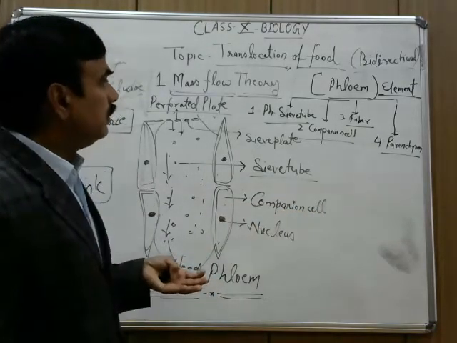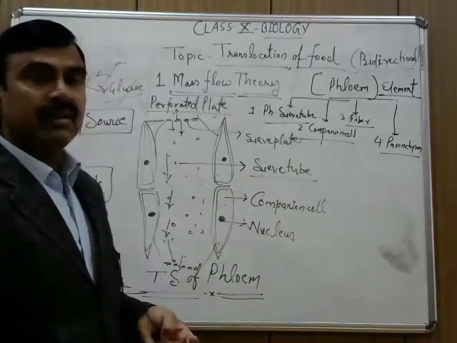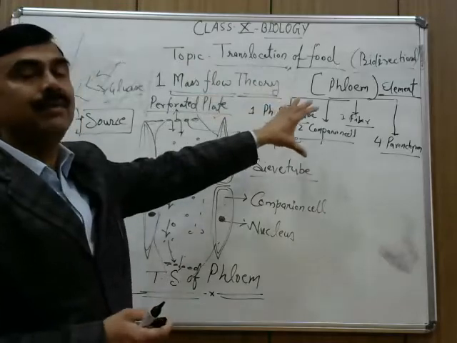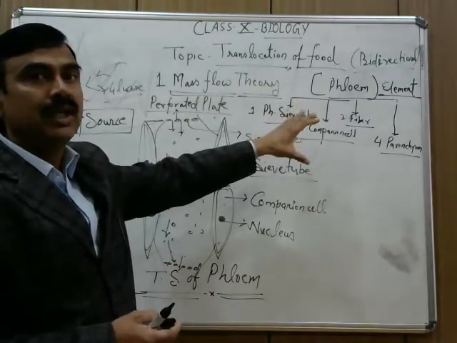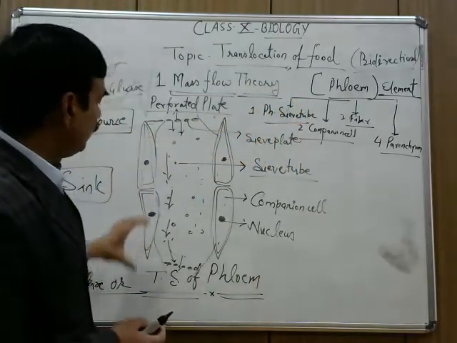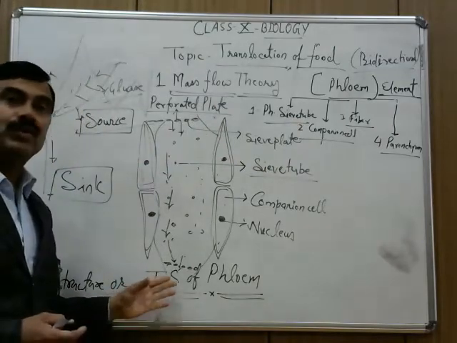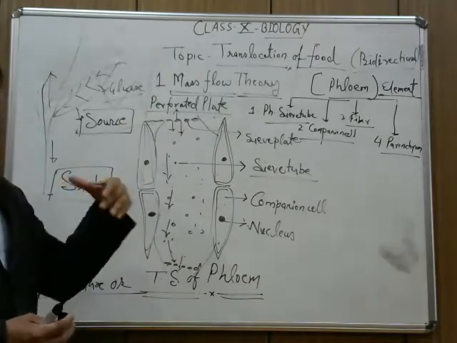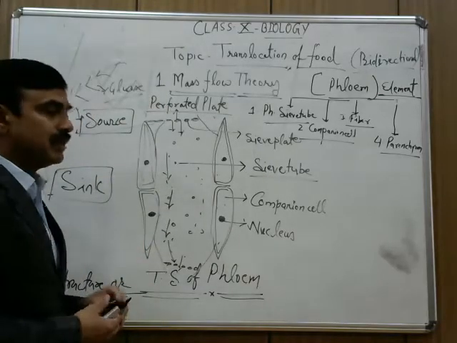So there are 3 components of this topic. The first is the elements of phloem, which you have to explain. The second is the transverse section of phloem, which you have to draw. The third is the mass flow theory, which you have to explain.